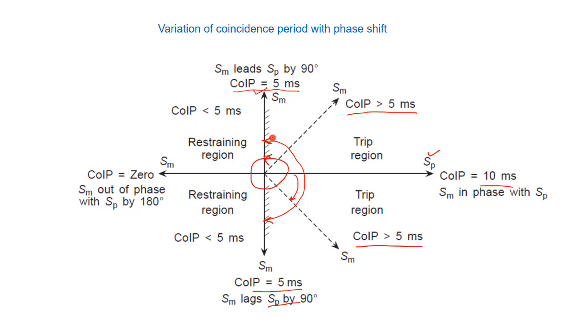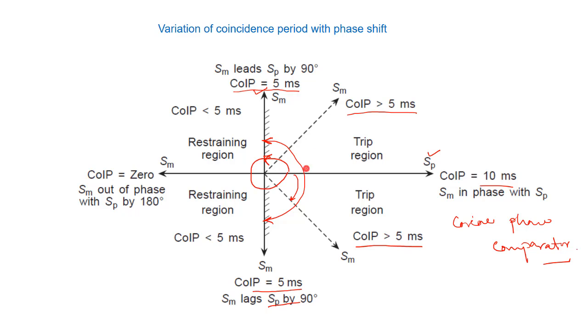So for the trip region of the phase comparator, that is the cosine phase comparator, in the trip region your coincidence period should be greater than or equal to 5 millisecond.